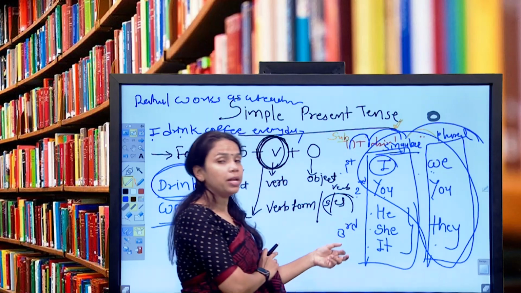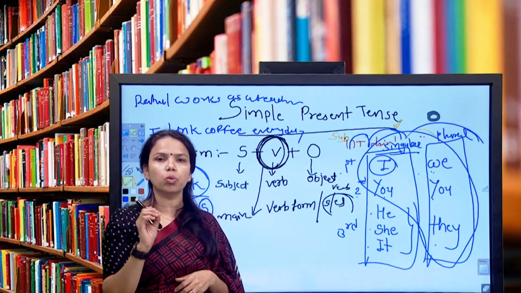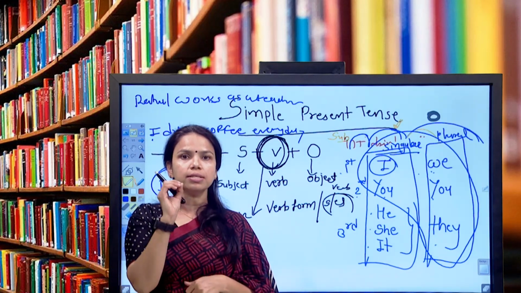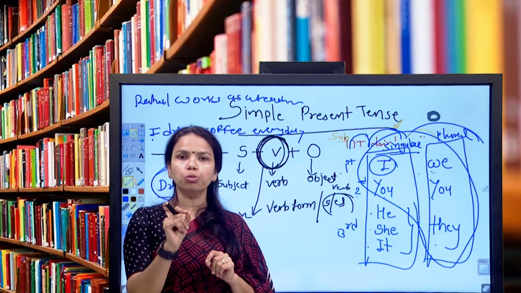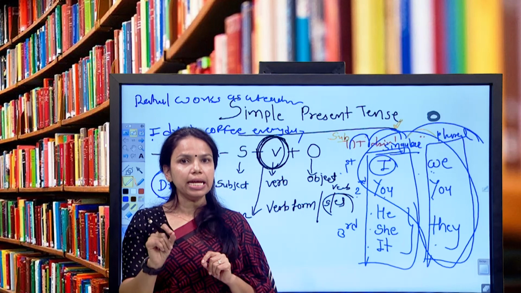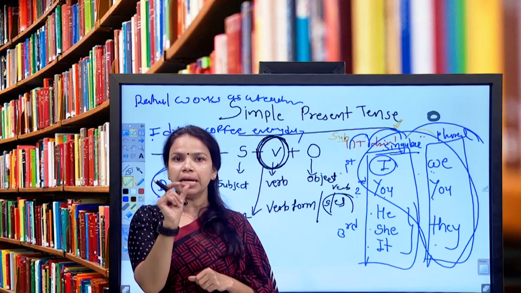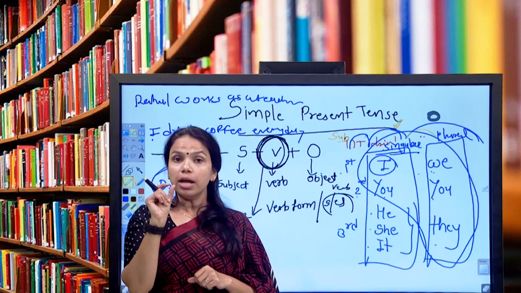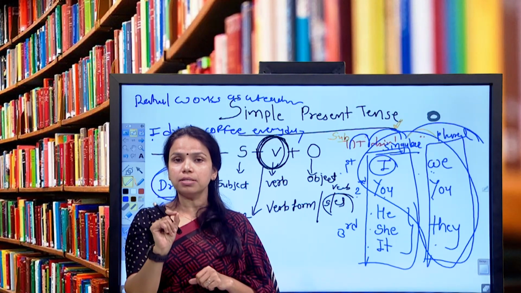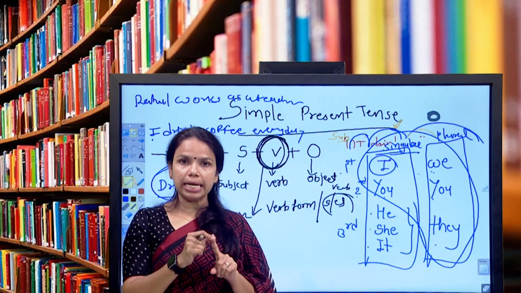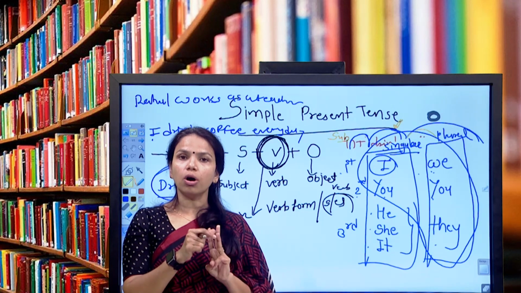Right? So in simple present tense there is one rule: whenever the subject is third person singular, we have to put s or es behind the main verb. If the subject is third person singular, it means he, she or it.